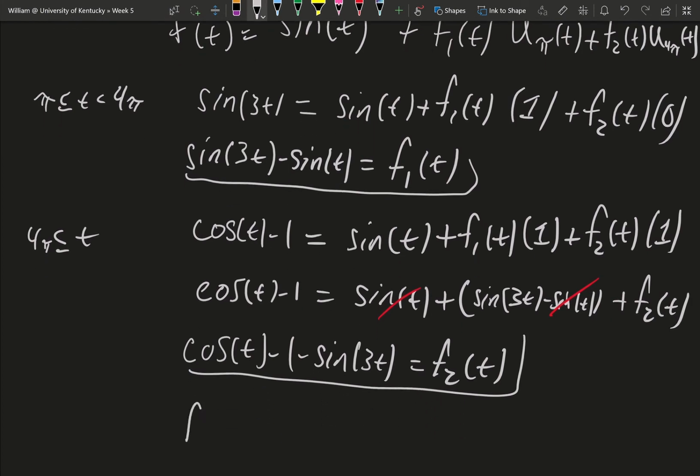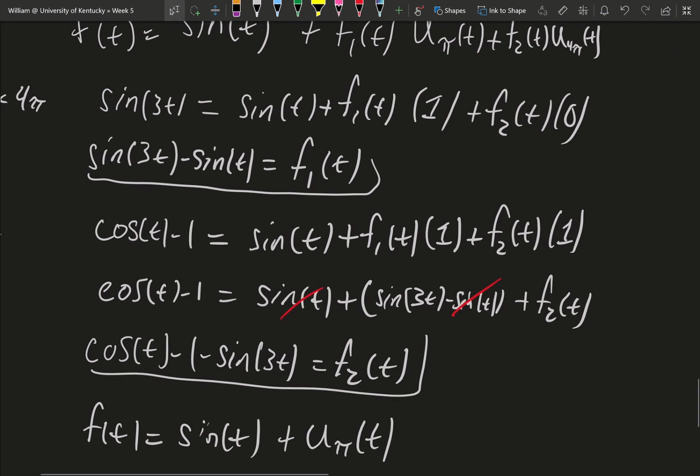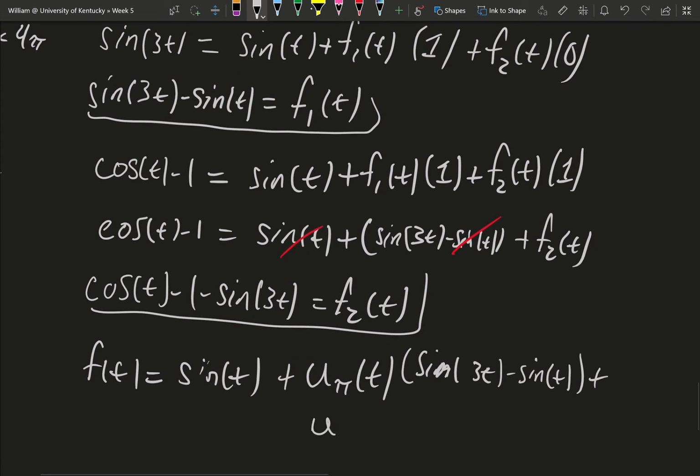Okay, so to sum up, f of t is equal to sine of t plus u pi t times sine of 3t minus sine of t plus u 4 pi t cosine of t minus 1 minus sine of 3t.